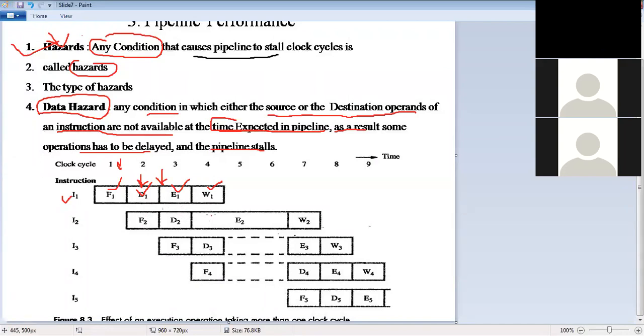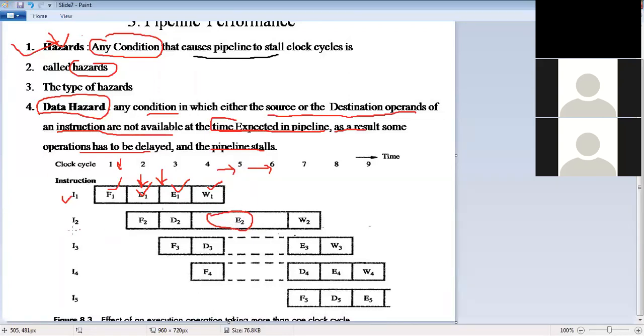And look at this part. E2 actually we decided to execute in one clock cycle, but it requires how many clock cycles? From 4 to 5 and again 5 to 6. Instead of one clock cycle, it requires one extra clock cycle. Why does this happen?